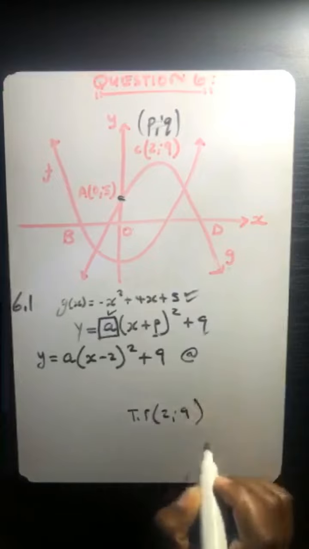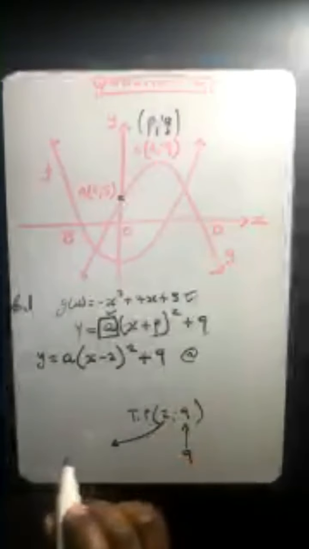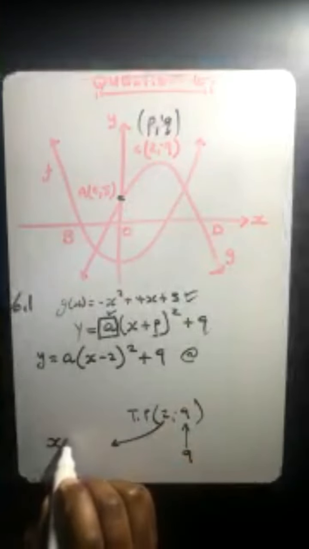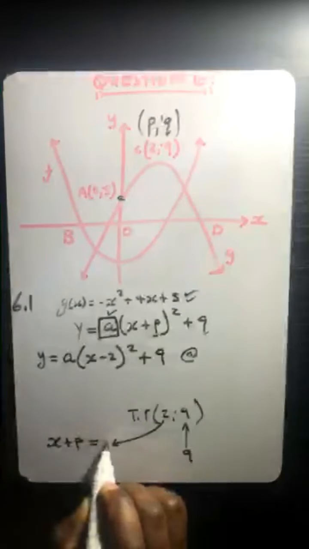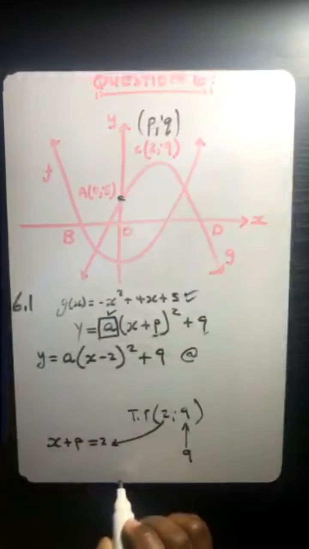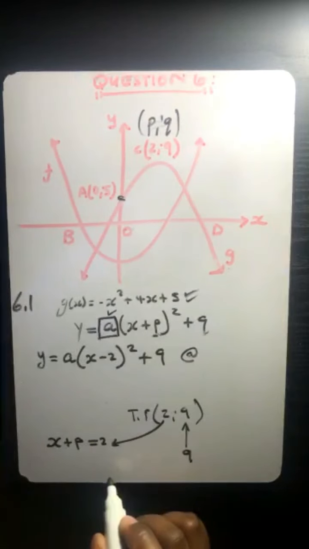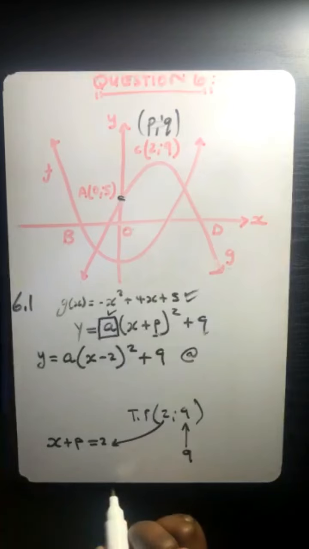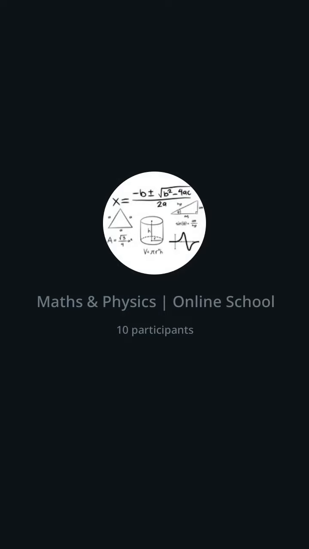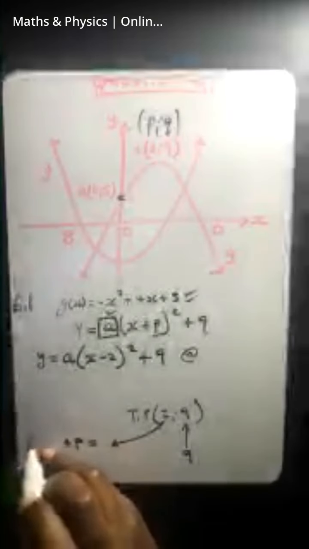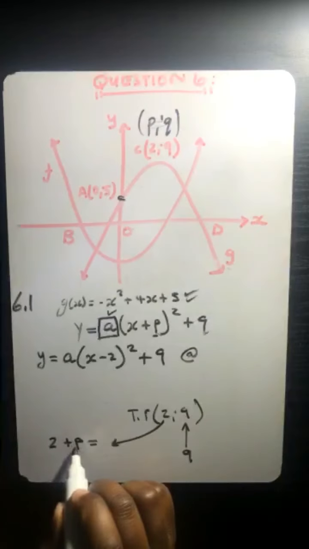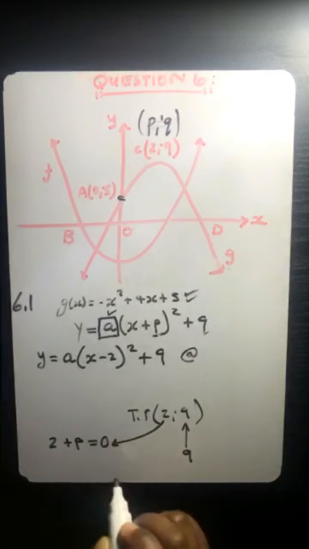What we know is that the y, we take it as it is, but the x value, for it to be 2, it came from x plus p. It is now already equals to 2. Can you see? So that means, wait, let me just check if I'm doing it correctly. I think it has to be x being 2 plus p being equals to 0. Let me just make sure there.